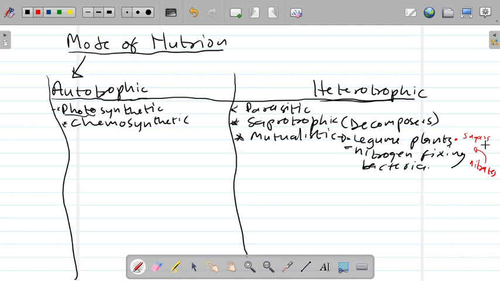And then as a result, the nitrogen fixing bacteria get food like sugars, because plants make food in the form of glucose and starch. So they get that from the plant, and then the plant gets nitrates. All in all, everybody benefits, right?